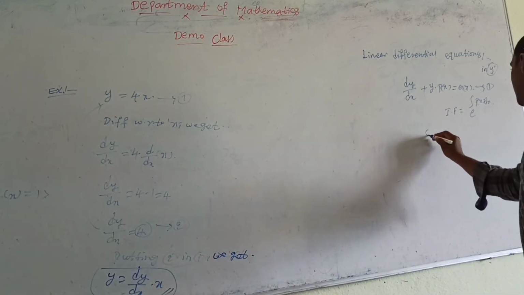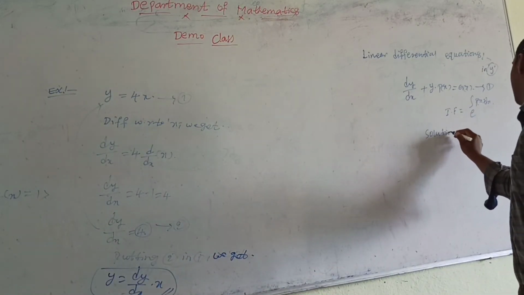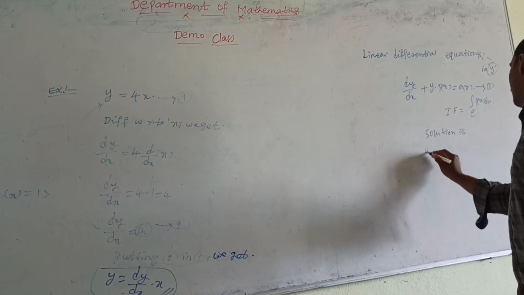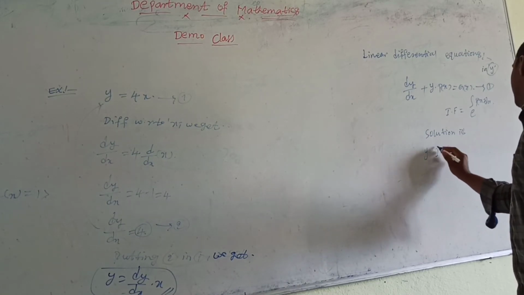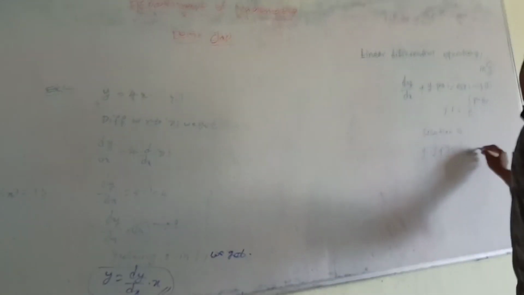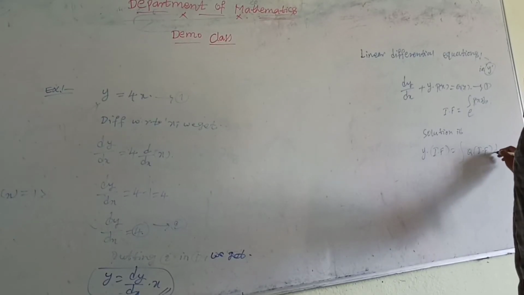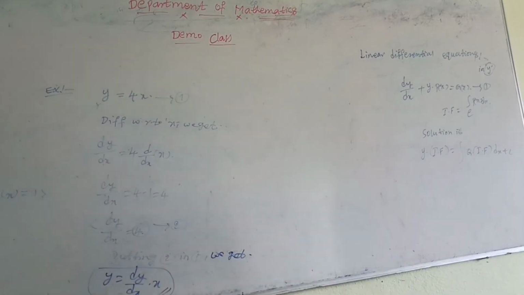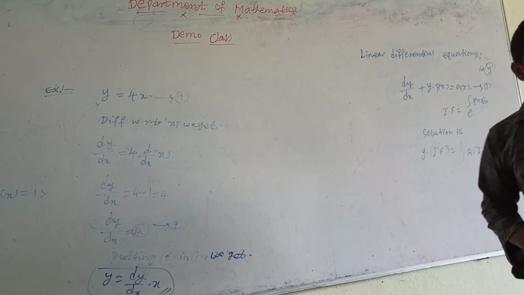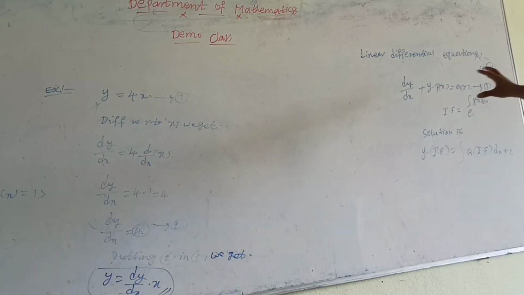Its solution is y into the integrating factor is equal to the integral of Q into the integrating factor dx plus c. By taking one example, I will solve this.